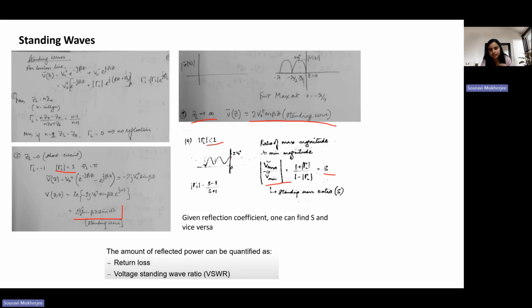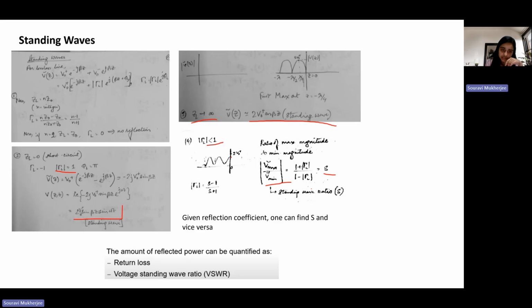Okay, and that is actually a measure of the amount of reflected power that you are getting. So if you know the reflection coefficient, you know the standing wave ratio, and vice versa. These are parameters that are used to characterize different transmission lines.